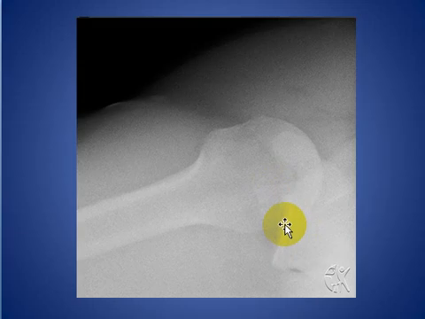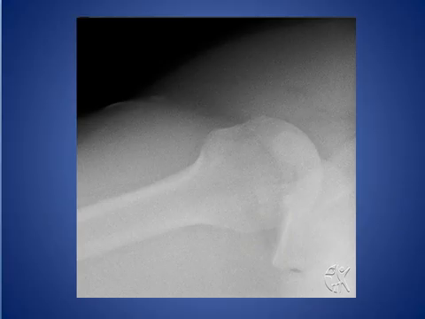And you see also the glenoid, how it is impinging the posterolateral aspect of the humeral head, and this we call Hill-Sachs impaction fracture. And the dislocation resulted from anterior blow to the distal arm with arm in abduction and external rotation.